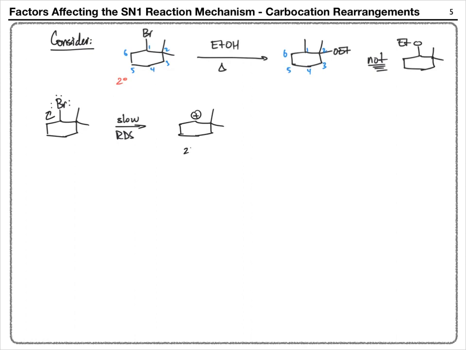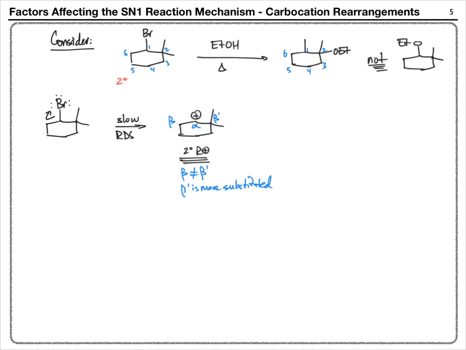We saw from above we're generating a secondary carbocation. So again, you ask yourself a question. That's the alpha carbon. Here's beta. There's beta prime. Beta is not equal to beta prime. So that clue there, beta prime, is more substituted.